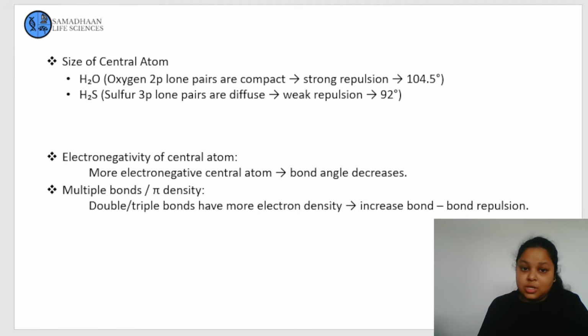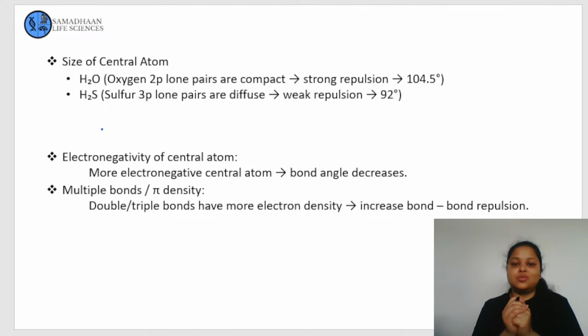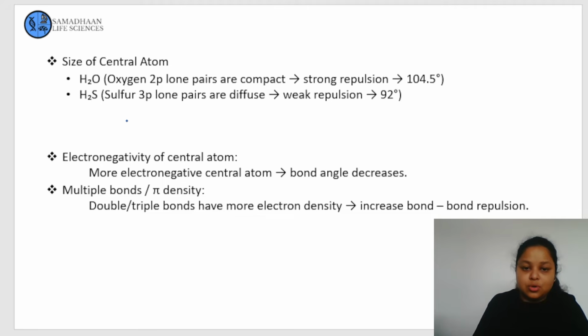The first one is the size of the central atom, and this example of water and hydrogen sulfide we already discussed in our last video. Oxygen is smaller, and so the structure is more compact. The lone pairs are situated more compactly on oxygen, so this makes the bond angle lower, 104.5 degree, lesser than the ideal value, but this is higher than H2S because sulfur is larger.